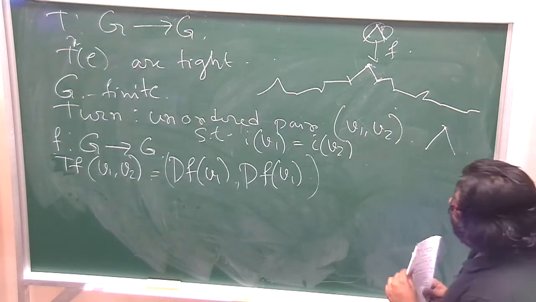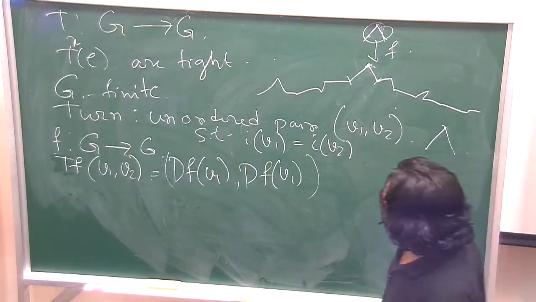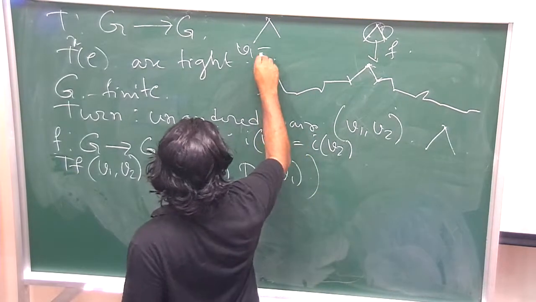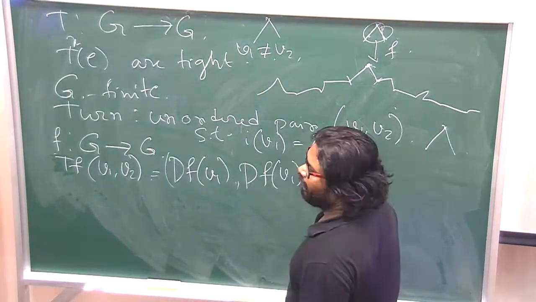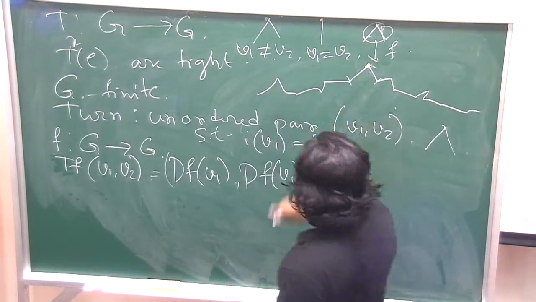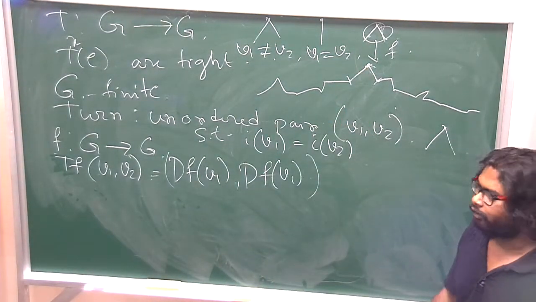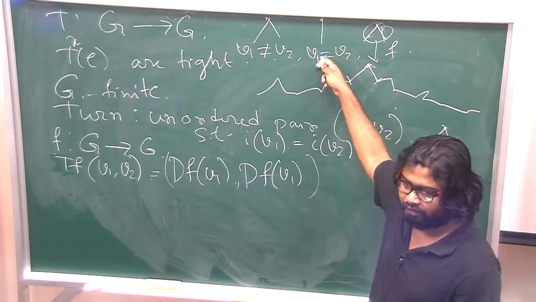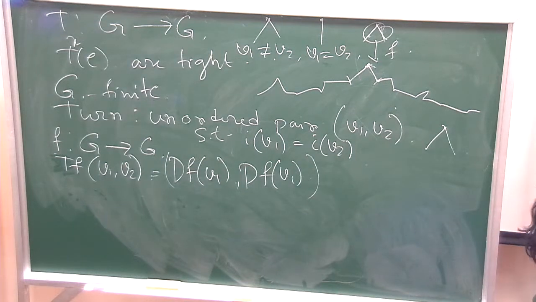Obviously there are two kinds of turns. One is when V1 is not equal to V2, and another is when V1 equals V2. Those are not good turns, so I will call them illegal turns.